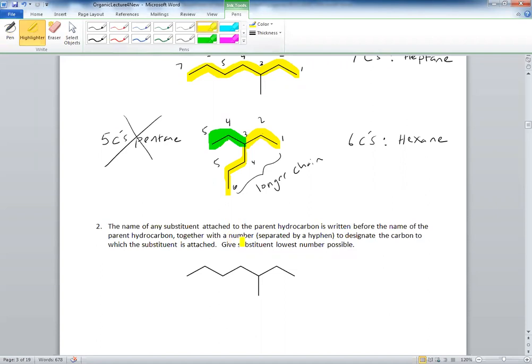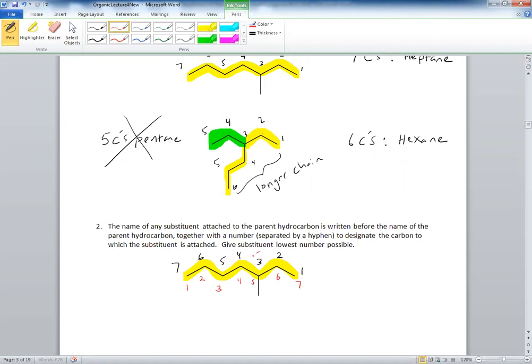Very well. So after I said this was my longest chain, I should be counting from this way, from the right here, not the other way around. So if I'm going to number it the other way around, then you're going to see now 1, 2, 3, 4, 5, 6, and 7. Now here's the problem.